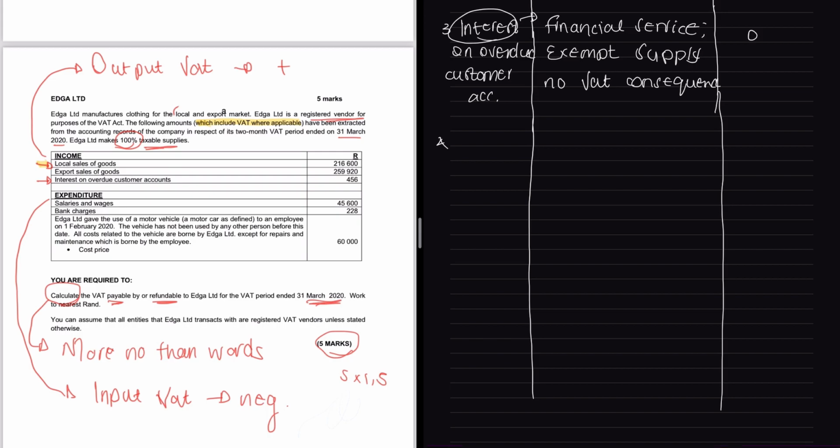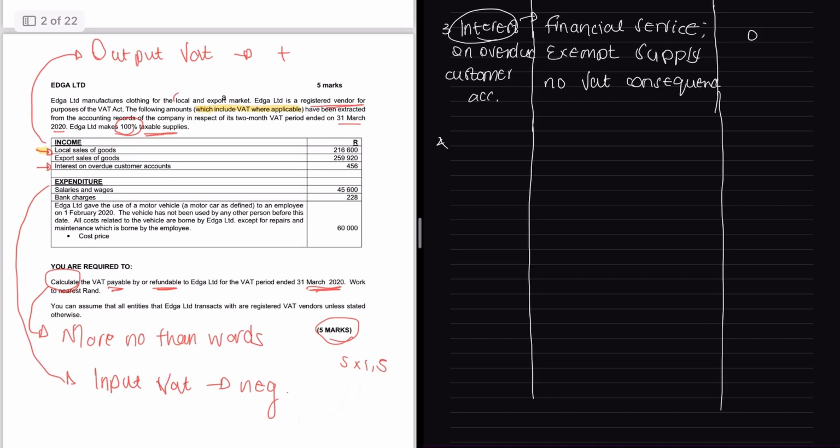Yes, perfect. Okay, we then have salaries and wages. This is supposed to be input VAT because it's money we are paying, coming out of us.